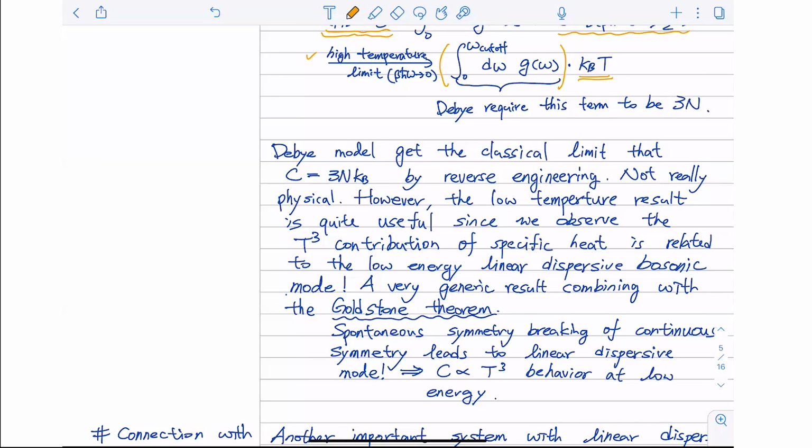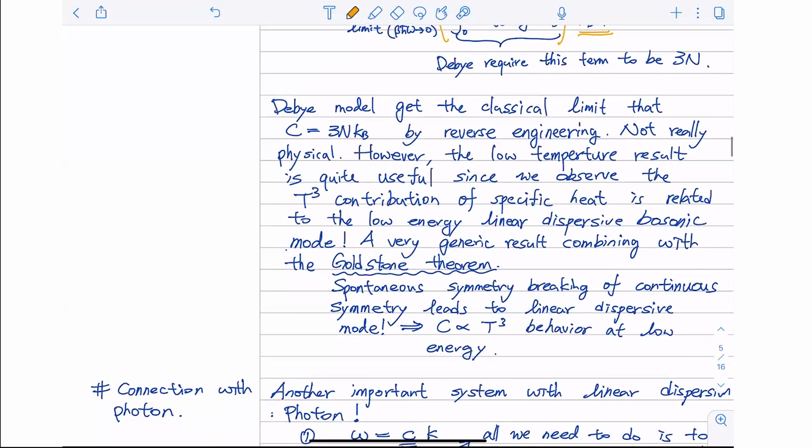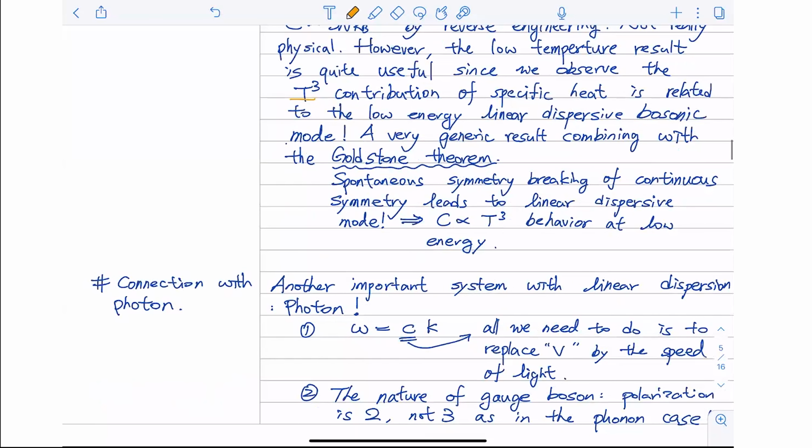However, the important result is about the low temperature behavior. It is quite useful because it gives us the T cubed contribution for the specific heat for a system with a linear dispersive bosonic mode. So this is actually a very generic result if we combine it with the Goldstone theorem.